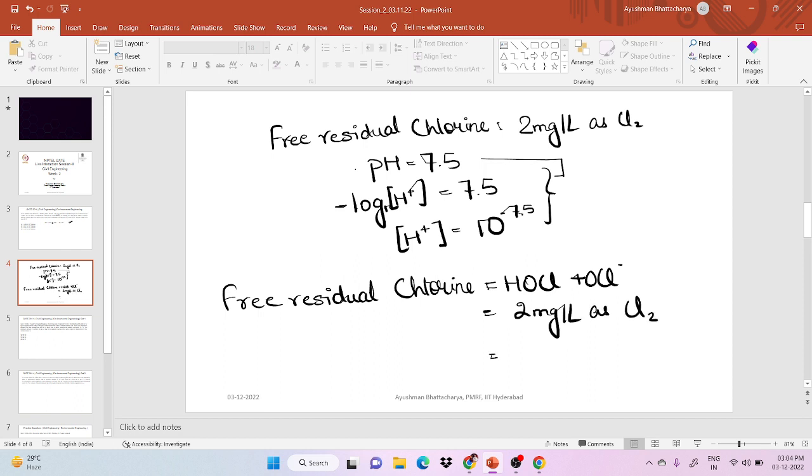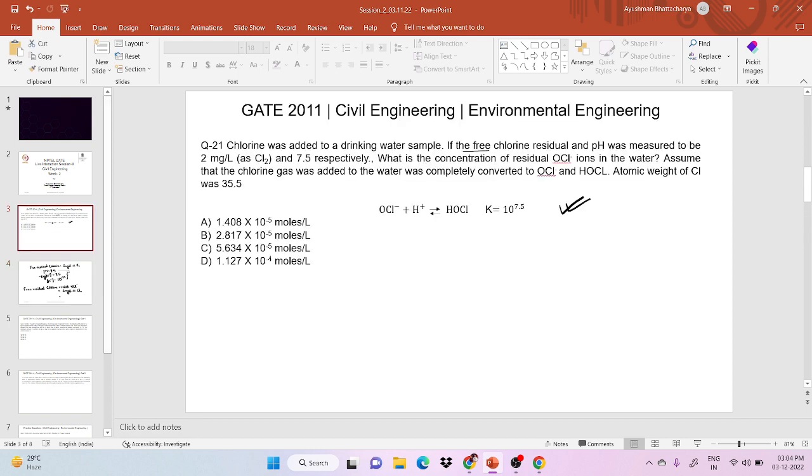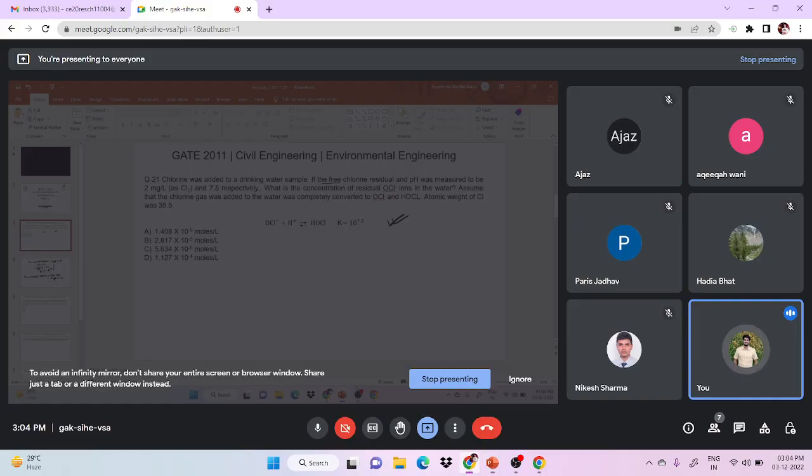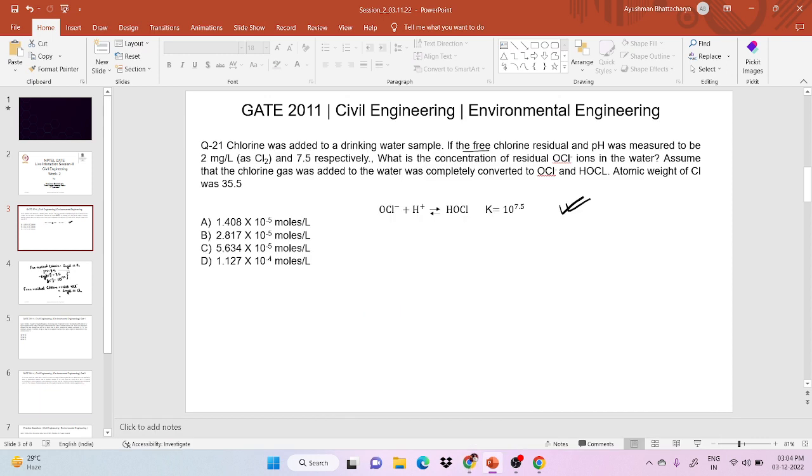I think many new people have joined, so I will again start from the beginning. The question says chlorine was added to a drinking water sample. If the free chlorine residual and pH were measured to be 2 milligram per liter as Cl2 and 7.5 respectively, what is the concentration of residual OCl minus ions in the water?